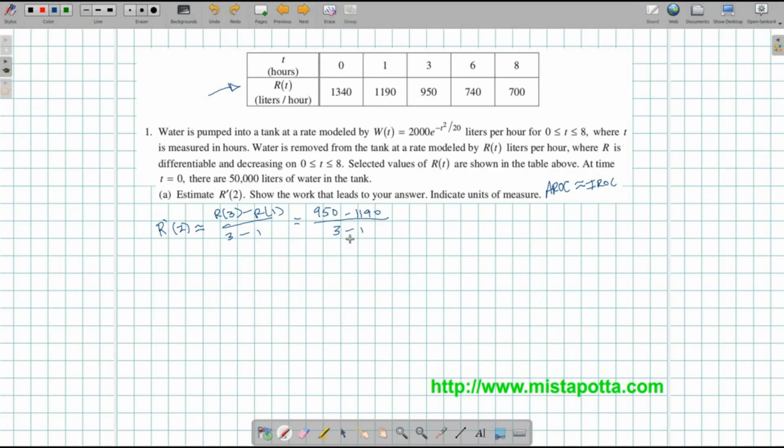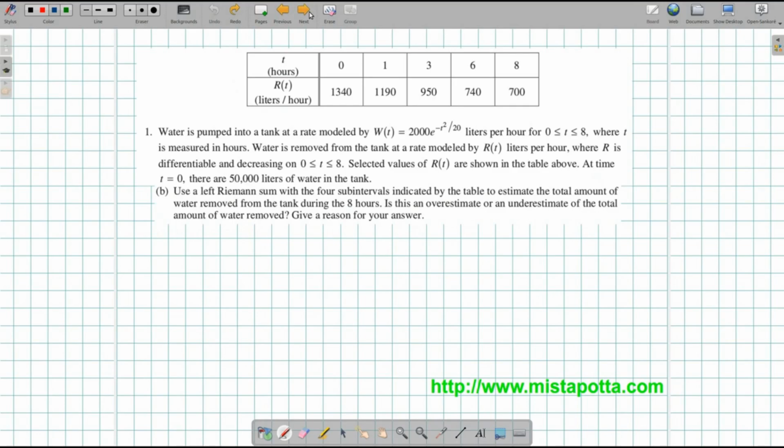And I can leave my answer like this, but I need to make sure that I put liters per hour squared, because this is a change in rate over time. So it's liters per hour every hour that we've got here. And so this ends up being our answer.